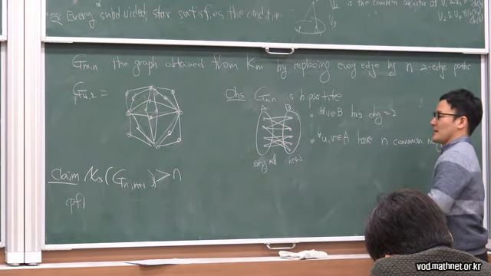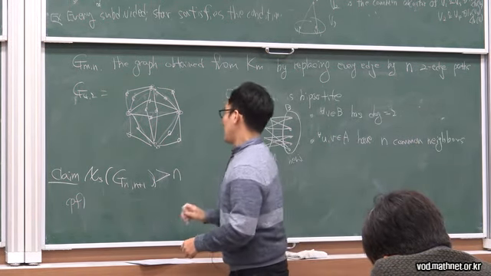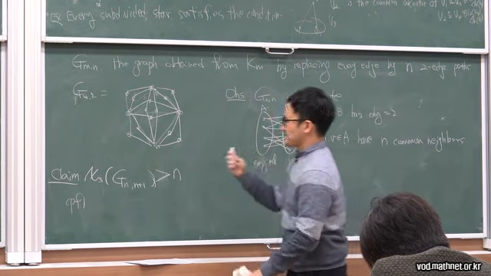Greater than n. Suppose there exists a proper n-coloring.